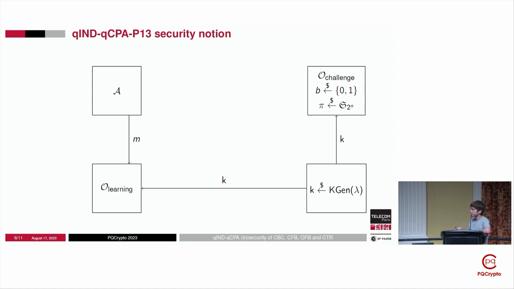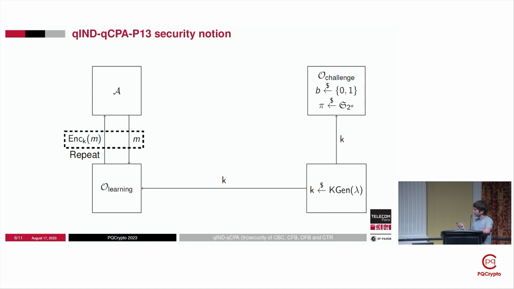They can make some queries to the learning oracle, like some message M, and the oracle will answer with the encryption of M. This is not shown here, but of course this encryption has to be randomized. And they can do it as many times as they want. A is simply limited by the fact that they have to run in polynomial time. Other than that, they have no other limitation on the number of queries they can make to the learning oracle.